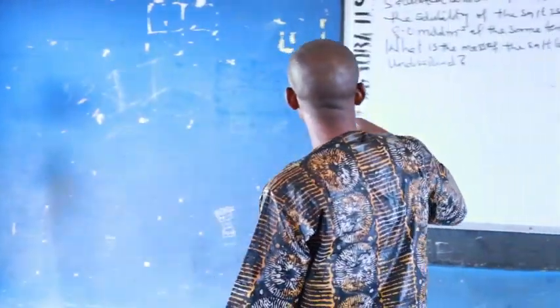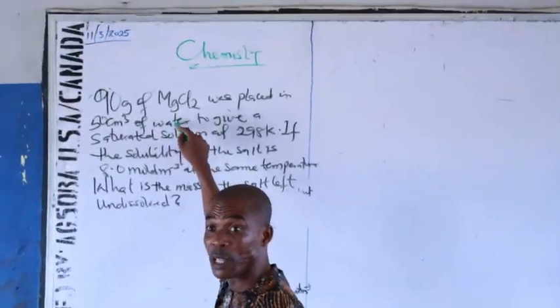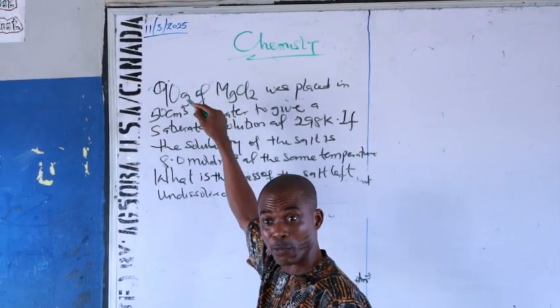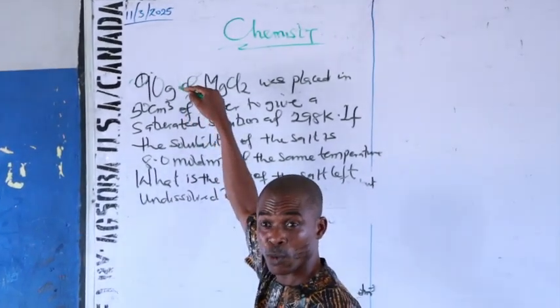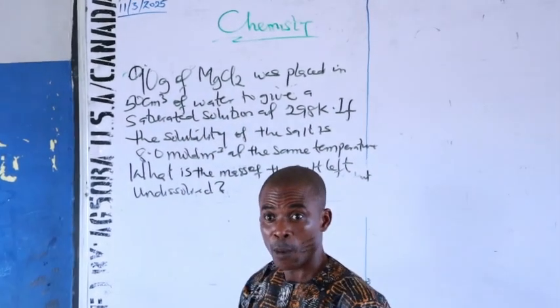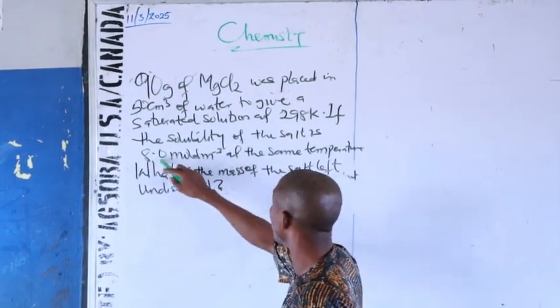So not all the 90 grams added to 50 centimeter cube of water will dissolve. But we can know the maximum amount that can dissolve from the solubility given here.